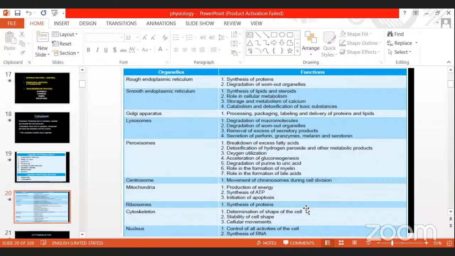Coming to the ribosome, which helps in the synthesis of protein, and cytoskeleton, which determines the shape of the cell, stability, and cellular movement. The major one is the cellular movement; cytoskeleton helps in cellular movement. And the nucleus is the major part which controls all the activities of the cell and synthesizes RNA, ribonucleic acid.